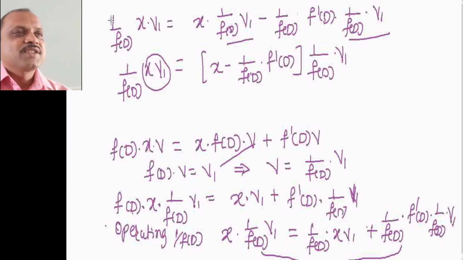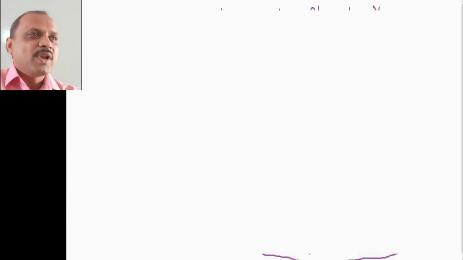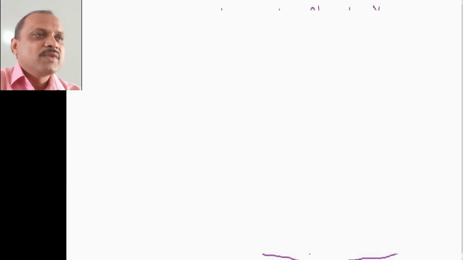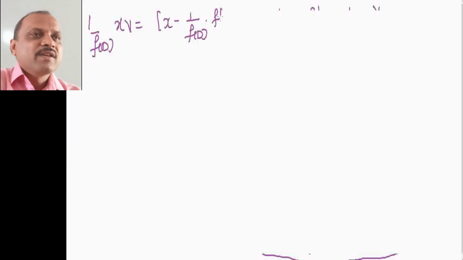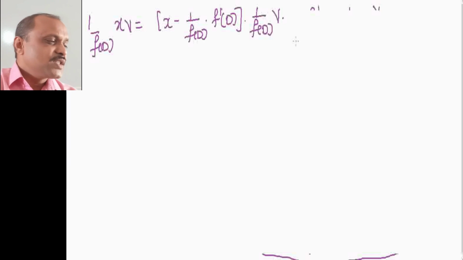Let me write the method first in short so that we can apply it. The method is: 1 upon f(D) operating on x into v equals x minus 1 upon f(D) into f'(D) operating on 1 upon f(D) into v.